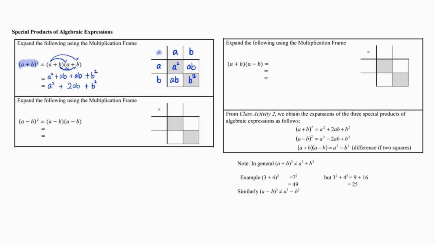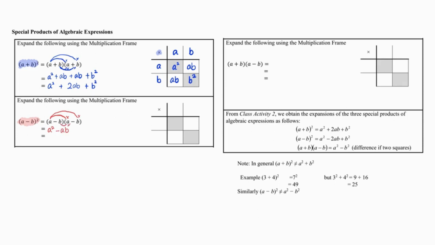Alright, so let us look at another special product, a minus b bracket square. Again, it is a minus b times a minus b. So if I were to use the distributive law of multiplication, I multiply, I will get a square. Positive a times negative b will give me negative ab.